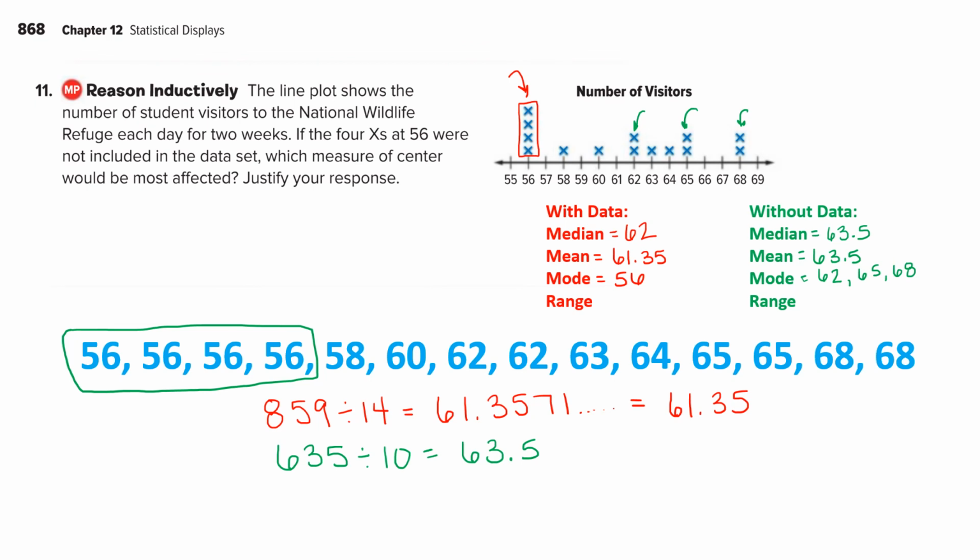All right, now let's take a look at the range. For range with the data, our maximum is 68. I'm going to write this up here. Range with the data would be 68 minus 56, which equals 12.